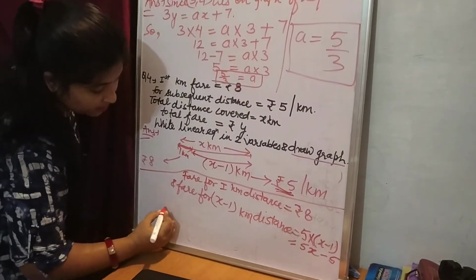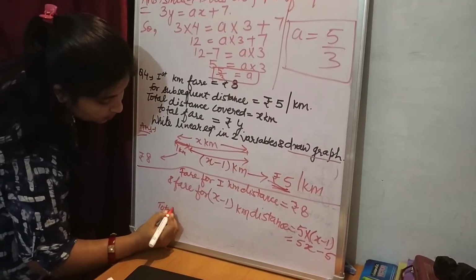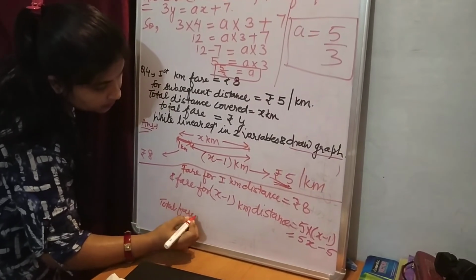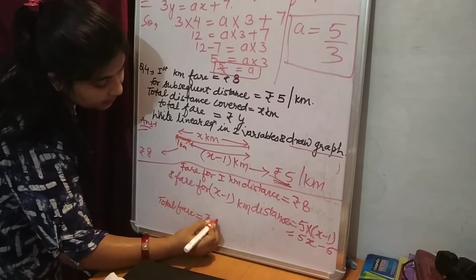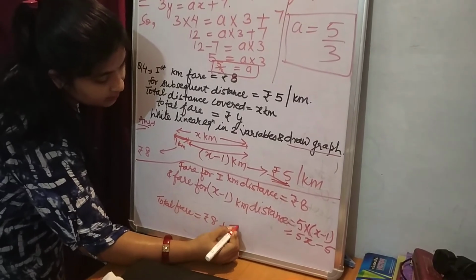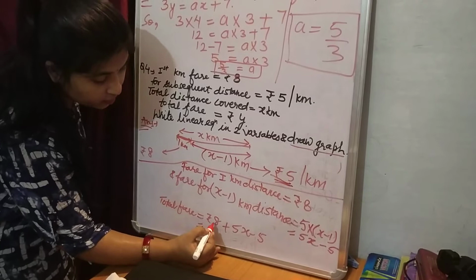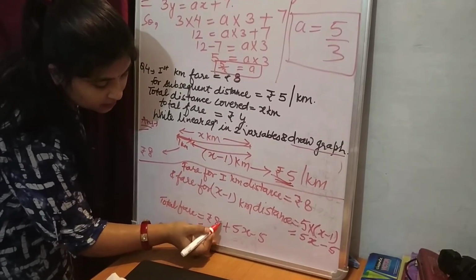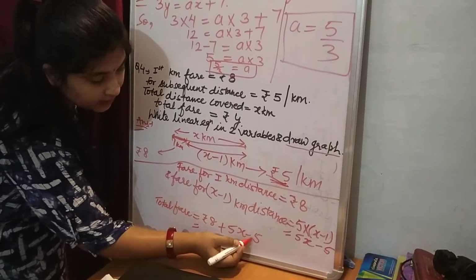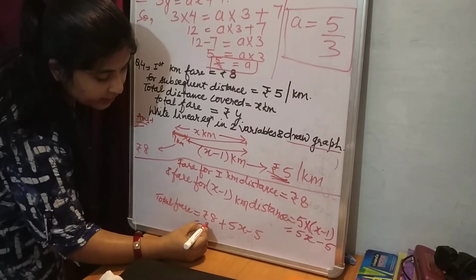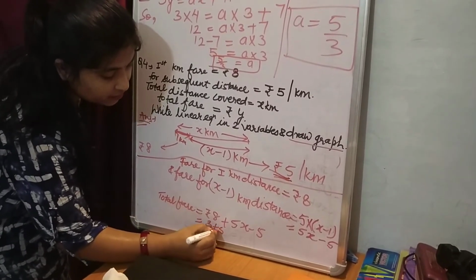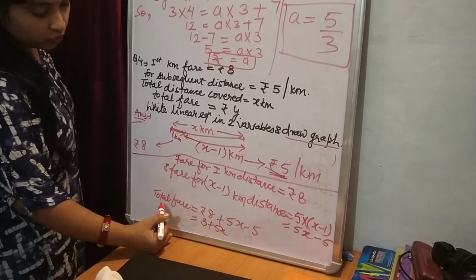So total fare will be 8 plus 5x minus 5. Solve it: 8 minus 5 is 3, so 3 plus 5x.